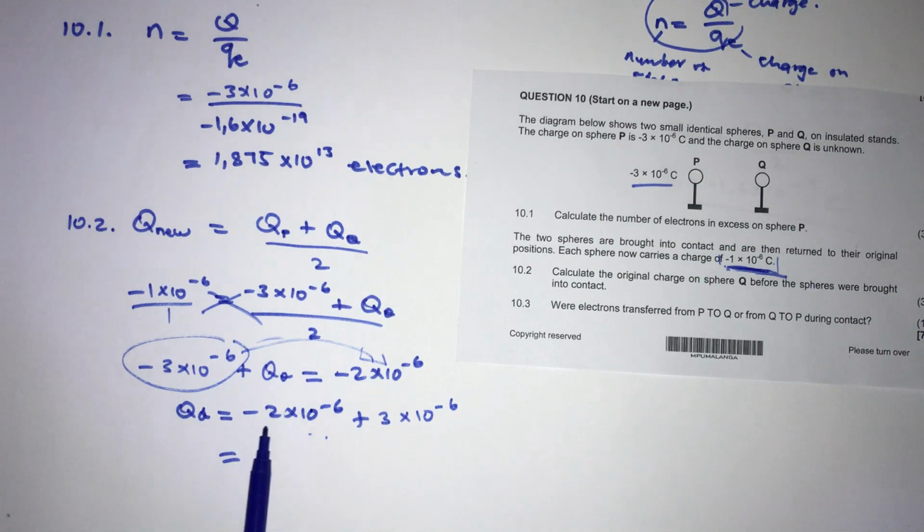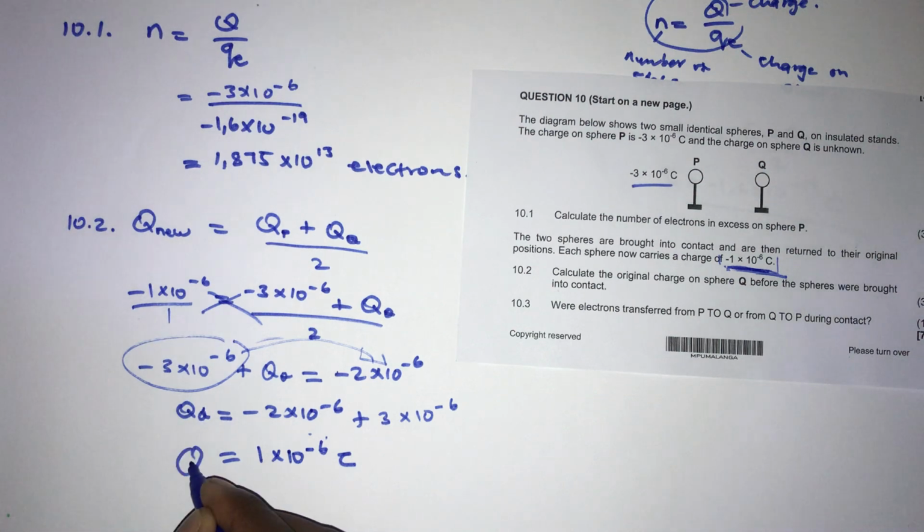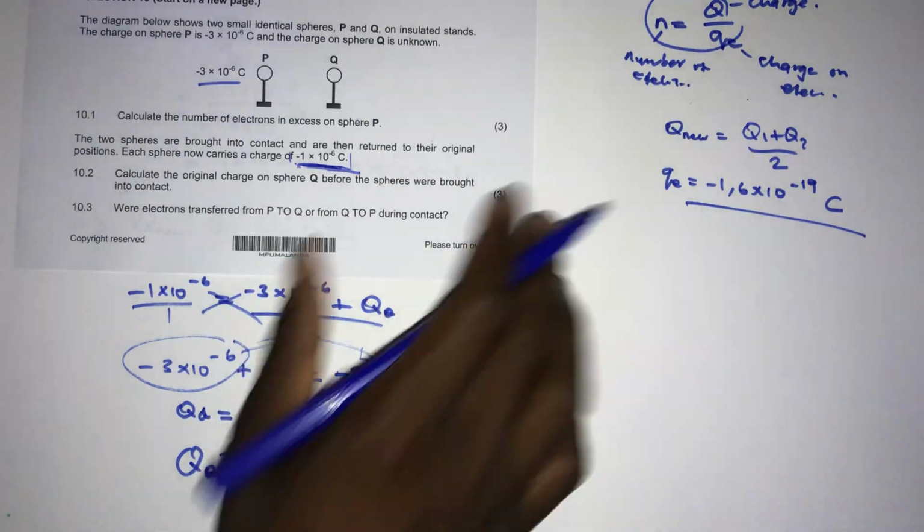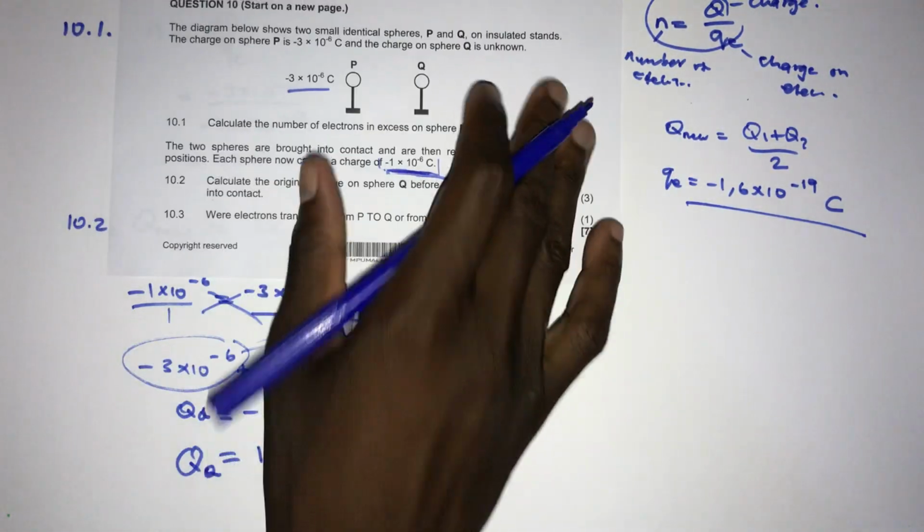Then -2 plus 3 is 1. So it's 1 times 10 to the -6 coulomb. That means this is the charge on sphere Q. Easy, right?